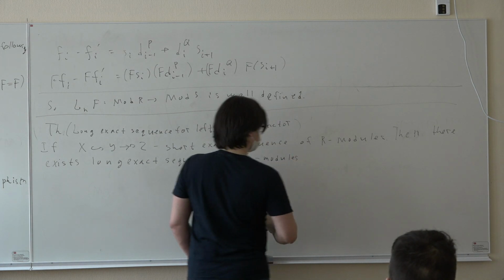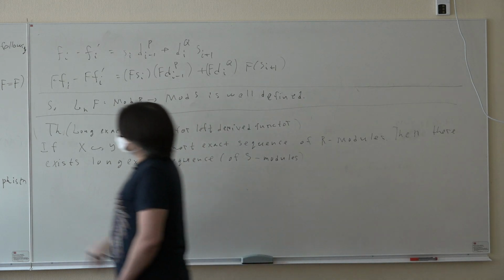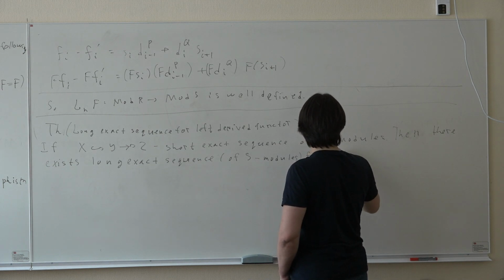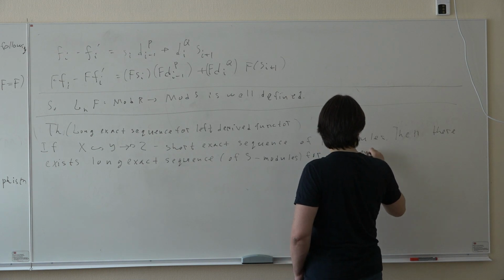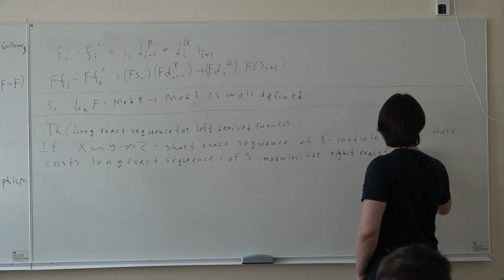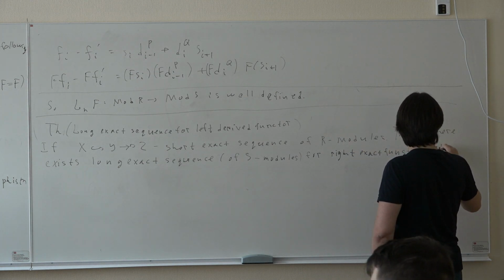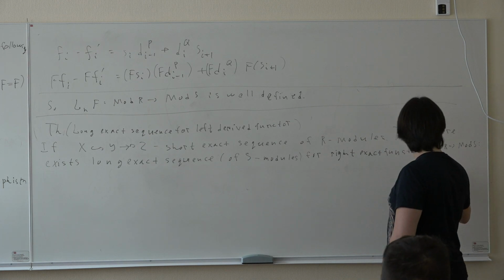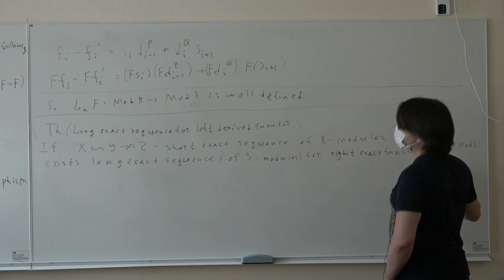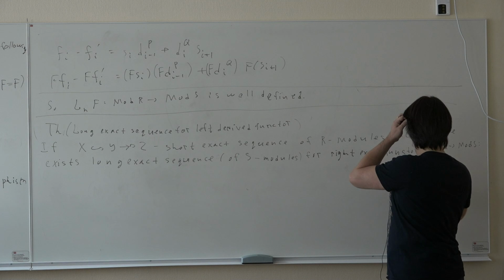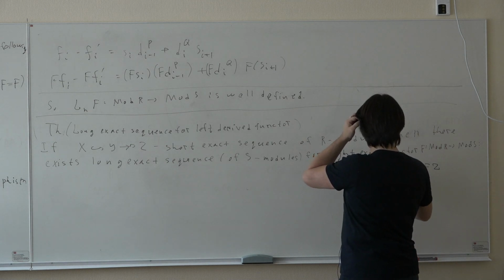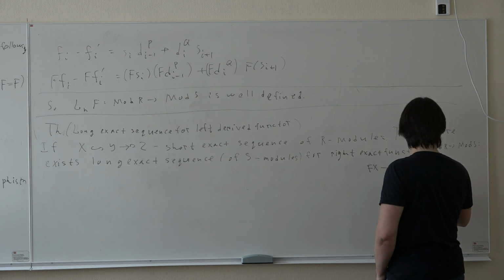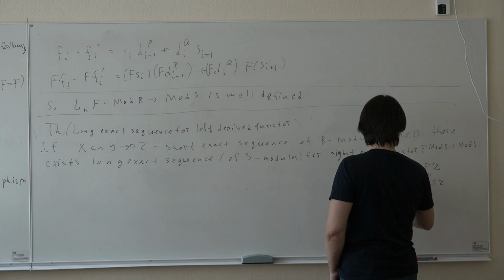Where still f is a right exact functor from mod R to mod S. The sequence is like f z, f y, f x, which is in fact the same thing as H0 f z, H0 f y, H0 f x.